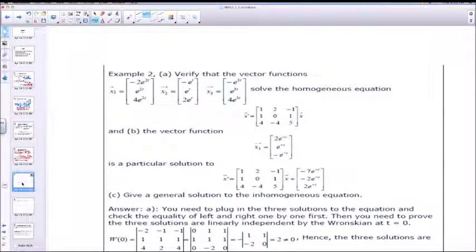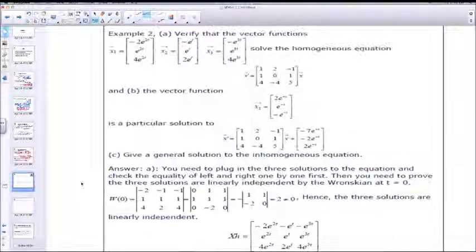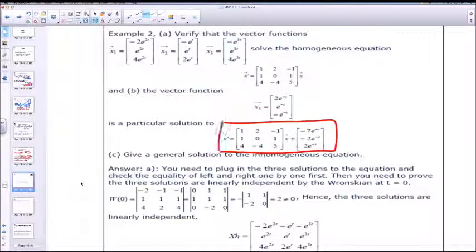Now, this is the second example. All I need to show you is what the solution looks like. We have this system. This is inhomogeneous because I have this extra term, b(t). This is my b(t). And the solution has two components.